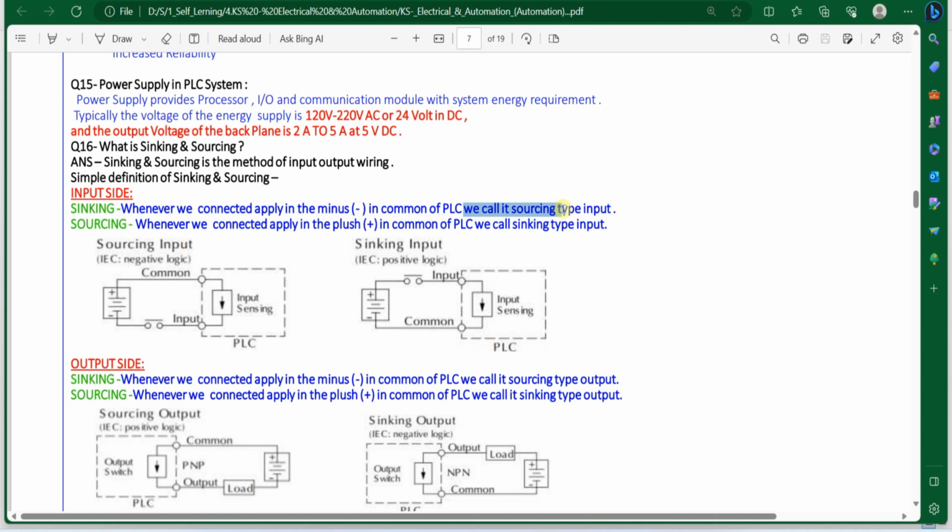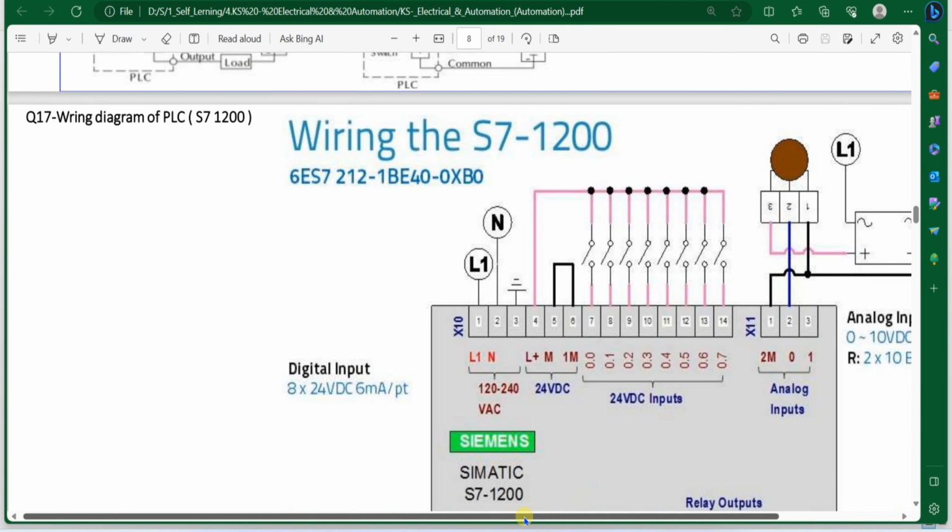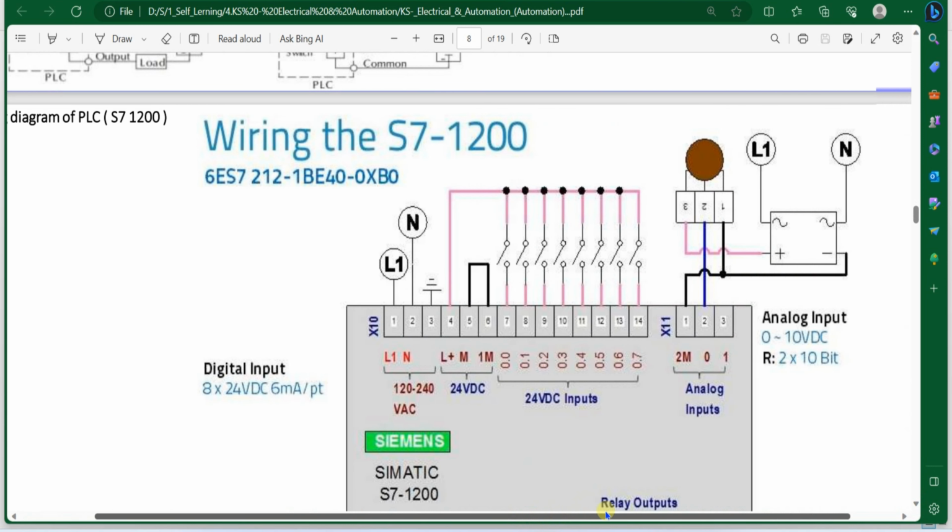So it is called source type of input. Whenever we connect plus in the plus common of the PLC module, we call it sinking type of input. Now, in the wiring diagram of the S7 1200 PLC.